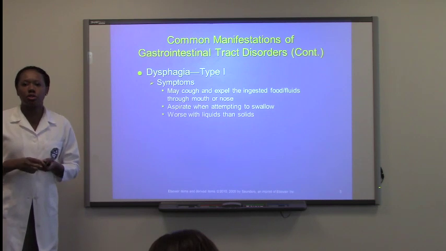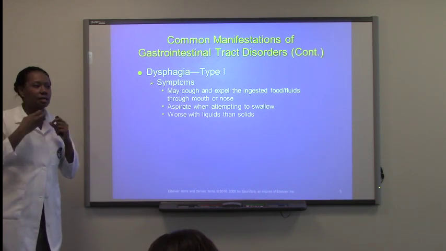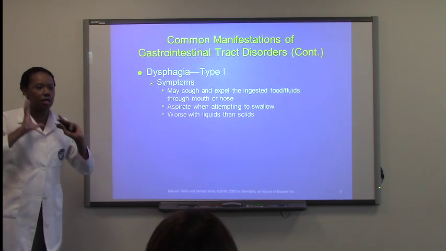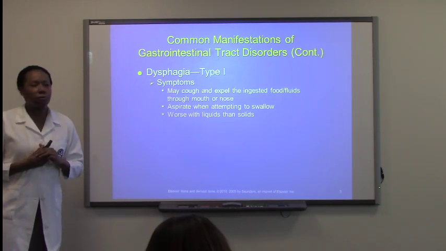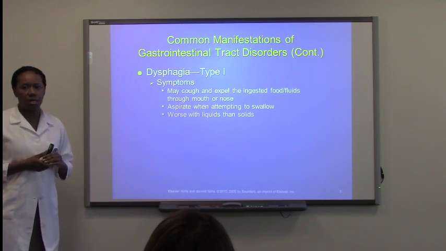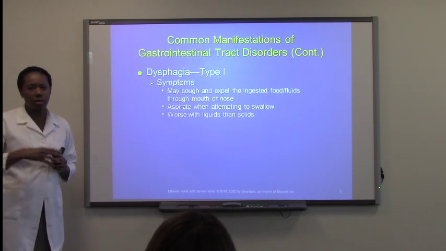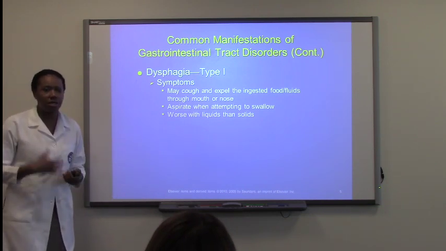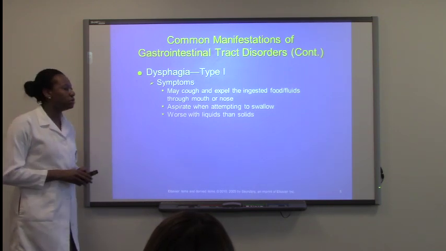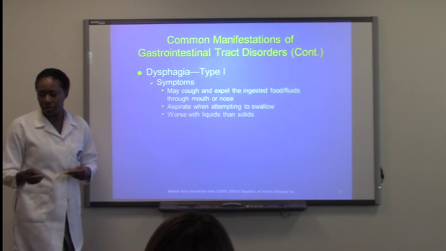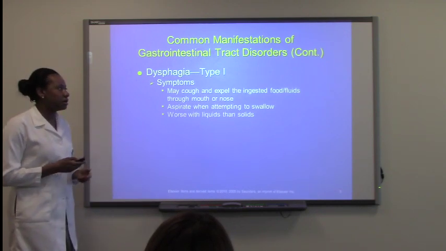They say this is worse with liquids than solids because the solids are actually more contained than liquids. Liquids, as you know, just kind of go everywhere. And unfortunately, those of you that may work with patients may have already experienced this, sometimes patients can sort of cough on you and expel food and things on you. Not that they're intentionally doing this, but just out of lack of control.